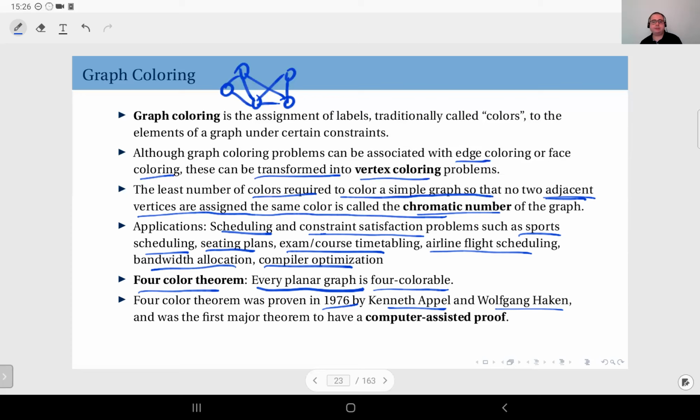So now it is established that this proof is true, and it's one of the first examples where computers were used as a proof assistant. So it has a historical significance in theorem proving and computation theory.